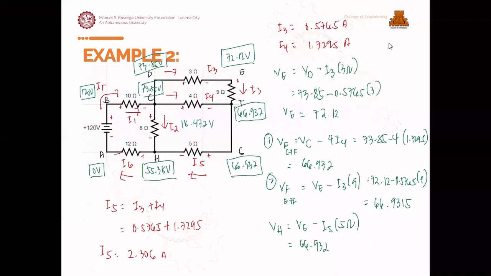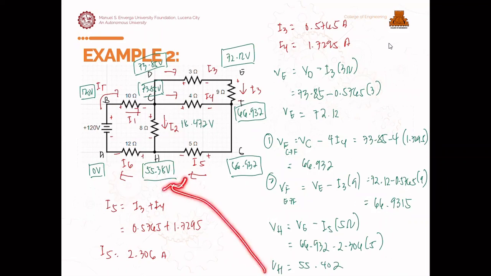So, this will be 66.932 minus yung 2.306 times 5. VH natin is 55.402. So, again, may konting discrepancy. Pero dahil yan sa rounding off, pero the same, no? So, ibig sabihin, tama na yung values ng circuit natin all throughout.